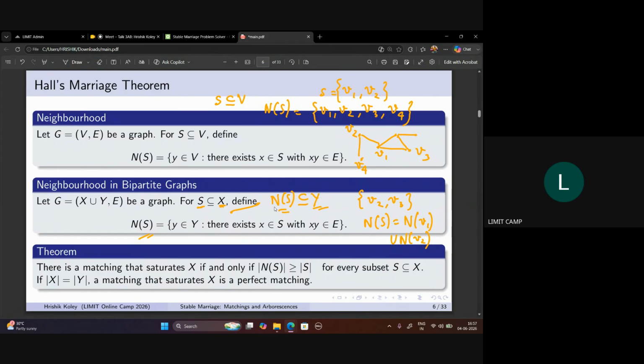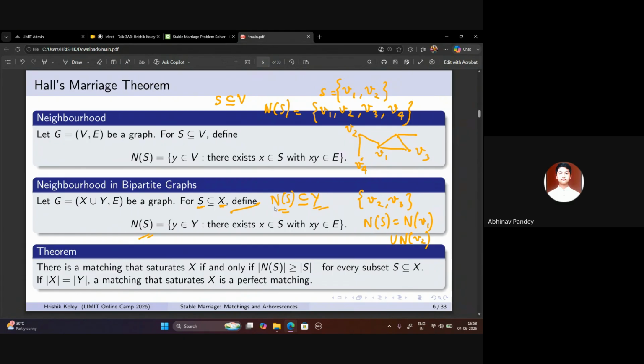That edge needs to be connected to some yj in the set Y, with the condition that no vertex can be associated with more than one edge. So yj cannot have another edge going to it from this set of edges that belong to the matching. So there is exactly one edge between xi and yj and no other edges. So one xi will be connected with at most one element in set Y. In a perfect matching, it will be connected to exactly one element yj.